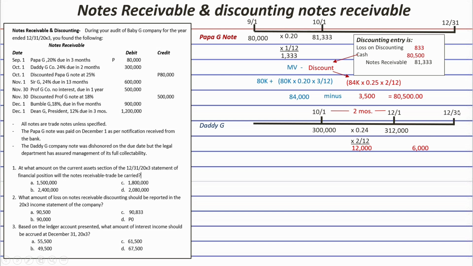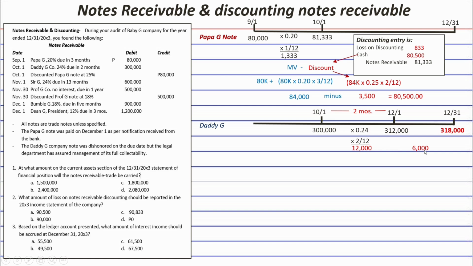Because if he has paid, then it should have been mentioned here in this problem. Right? So again, let's add 1 month interest, which is 6,000. So all in all, Baby G has an interest receivable from Daddy G of 18,000 instead of 12,000.